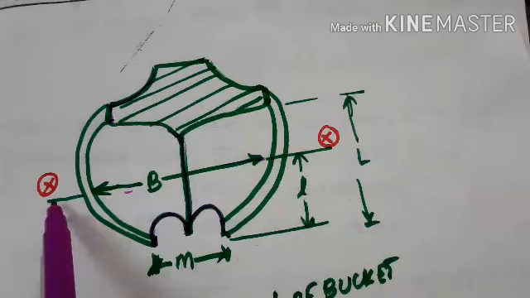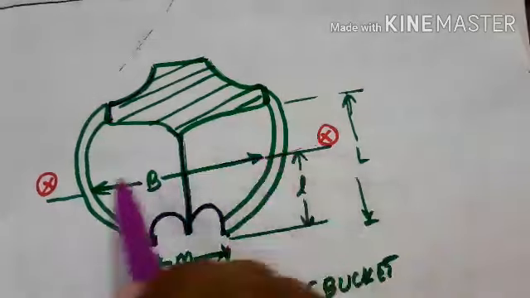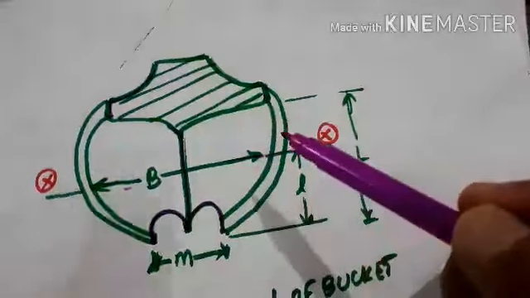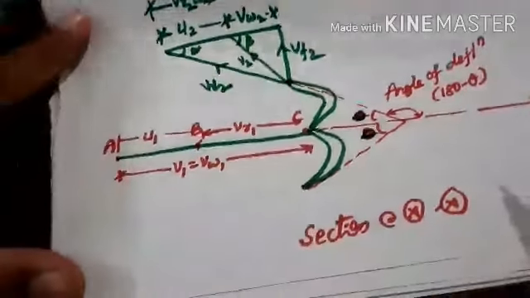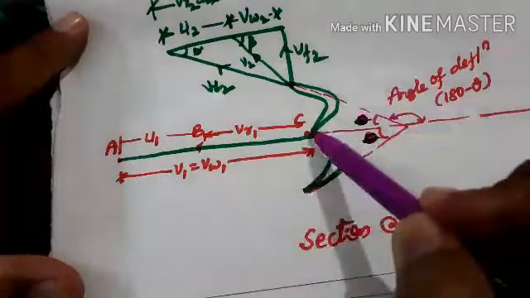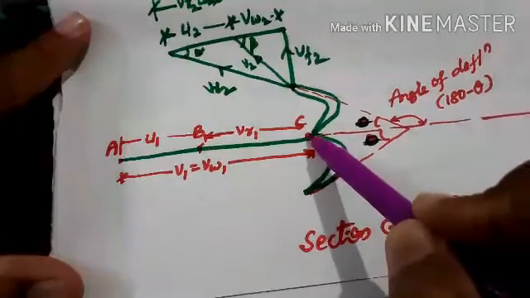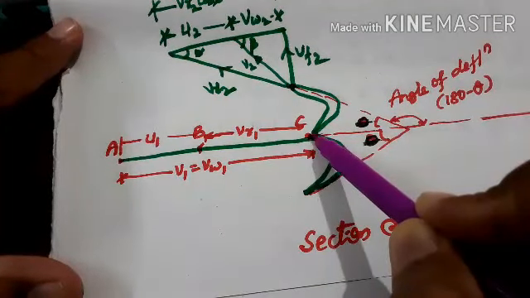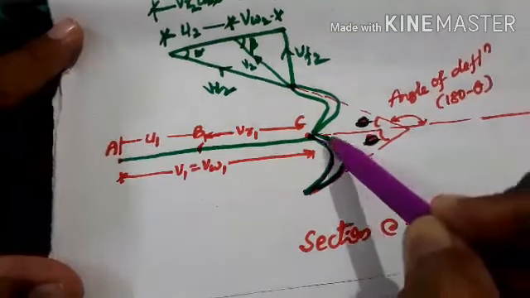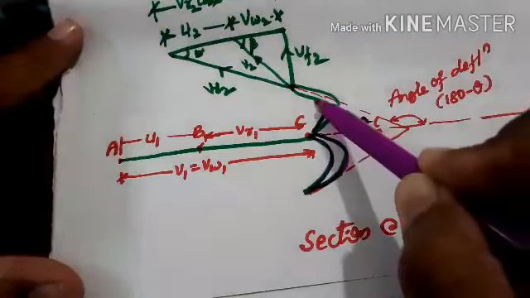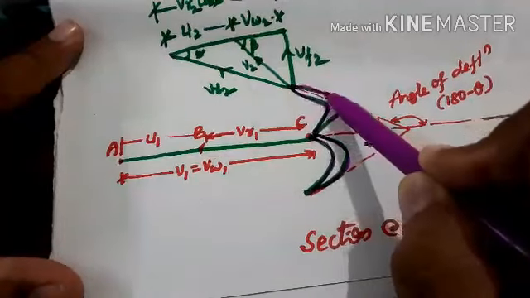So just if you cut at this portion xx, so it looks like this. This is the section at xx. So here we get the central part, that is a splitter, and this is the curved shape of the bucket, this and this.